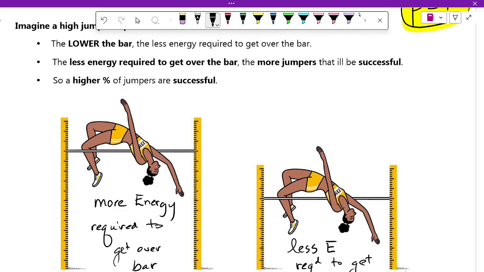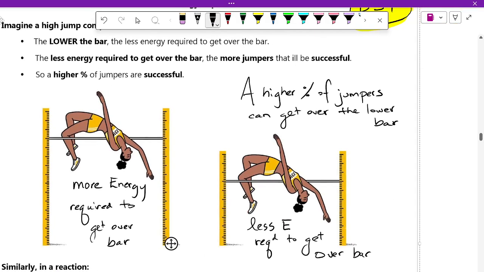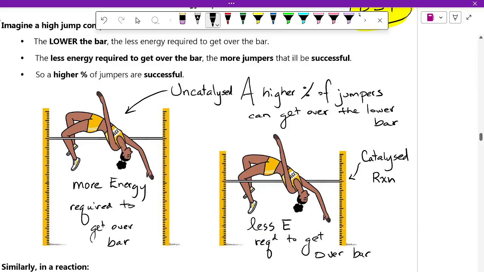A higher percent of jumpers can get over the lower bar. So this lower bar would be like the catalyzed reaction, and this one here would be the uncatalyzed reaction.